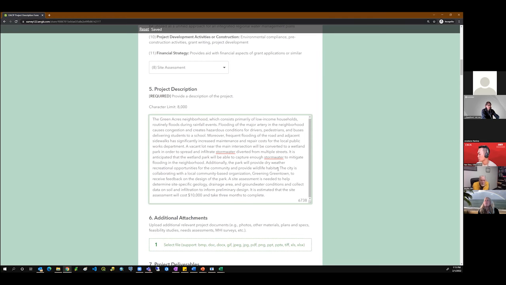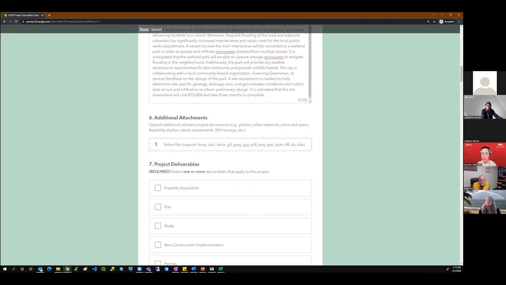And then there's also some discussion of the city working closely with the local community-based organization to help receive feedback on the design of the park, and then some more details about the site assessment and what it's trying to achieve, and then some basic information on the estimated cost of the site assessment and the amount of time it would take to undergo and finish that assessment.